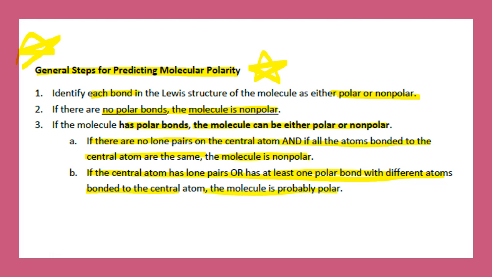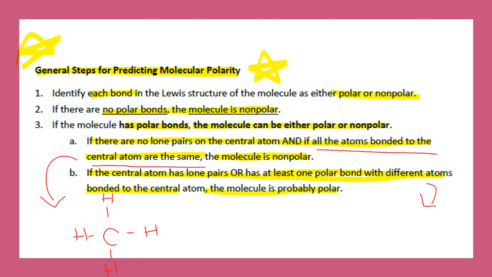And so what do I mean by all atoms bonded to the center are the same? That would be like carbon, hydrogen, hydrogen, hydrogen, hydrogen. Versus if it says different atoms bonded to the center, that would be like carbon, hydrogen, chlorine, chlorine, oxygen.